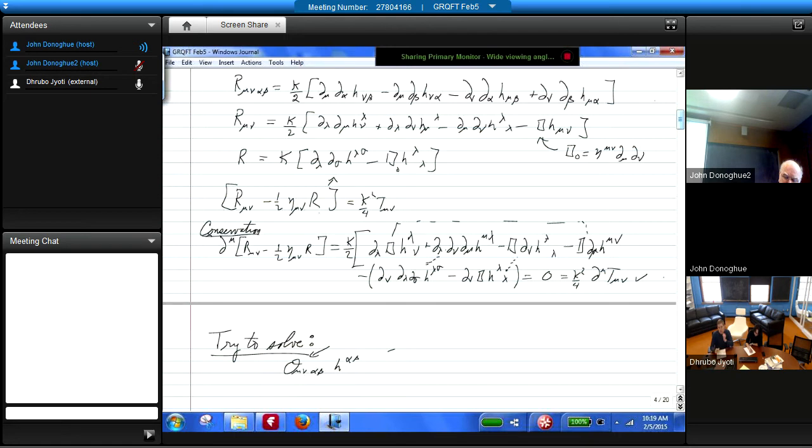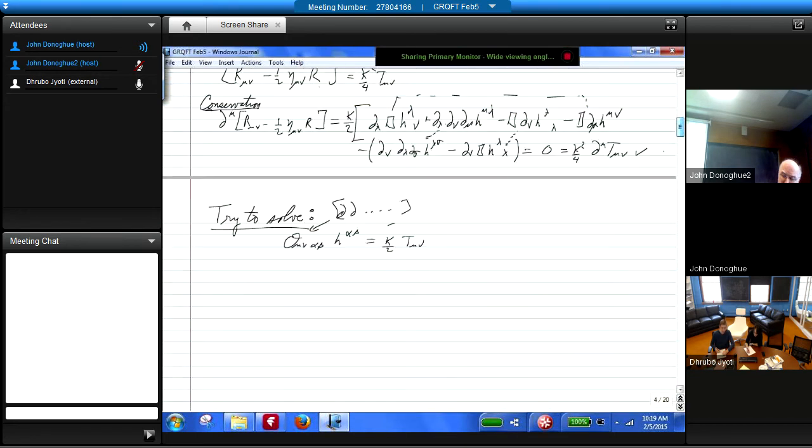So this is the derivatives, two derivatives in various combinations. And I've got a κ/2 there. I'm going to make this κ/2 T_{μν}.